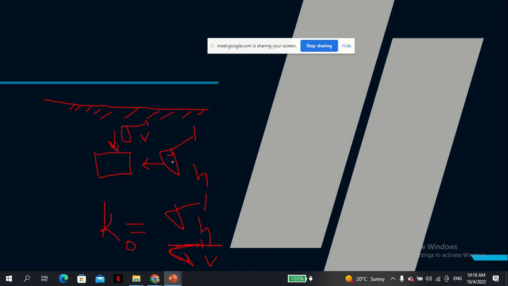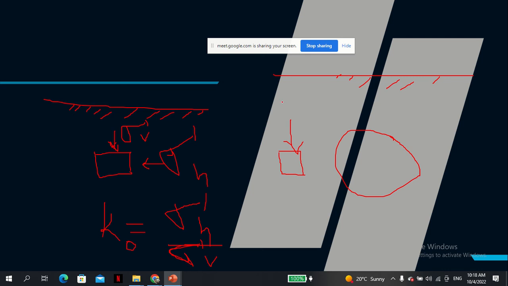Everything is balanced. But now when you come and create your tunnel, you unload. So the element that was here, because you have unloaded, you have removed some.